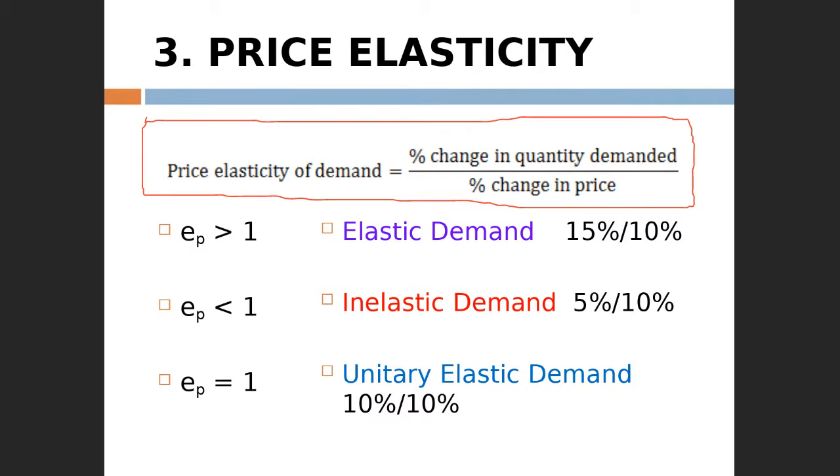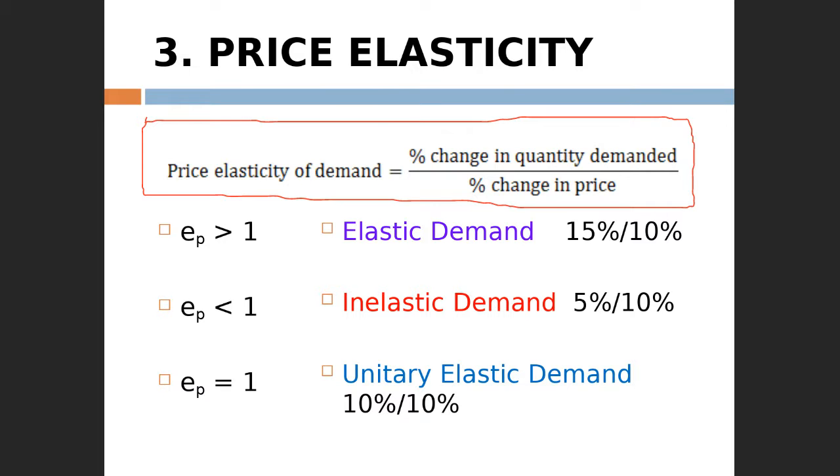Suppose the price of Budweiser beer has gone up by 10%, this much, and the demand for Budweiser has fallen by a lot more than this much, that is by 15%. You with me? So the percentage change in price is only this, if you can see my hand, the gap between the two fingers, and the percentage change in demand is way bigger, okay?